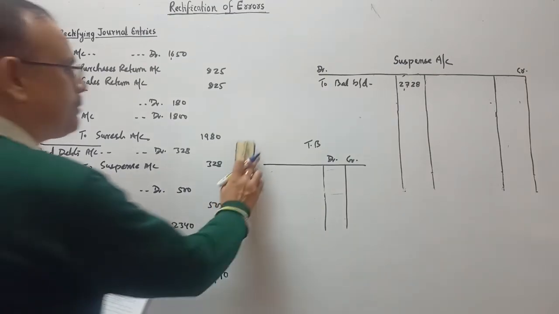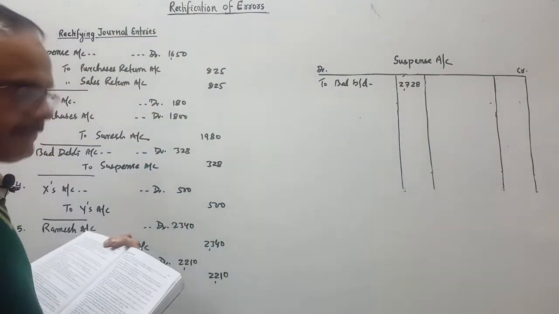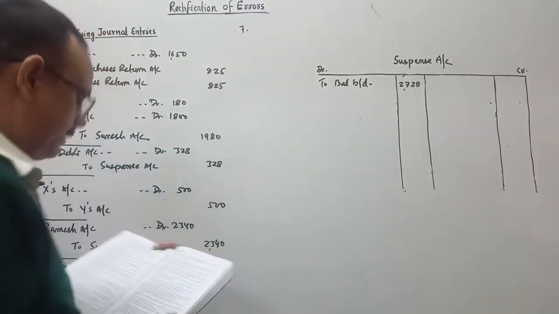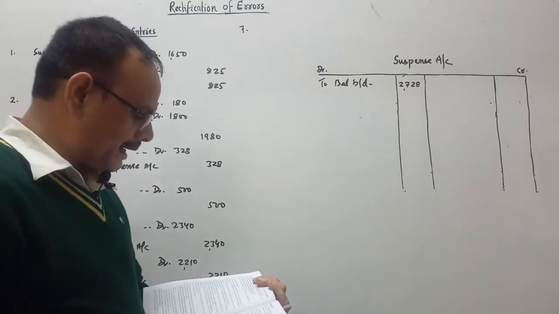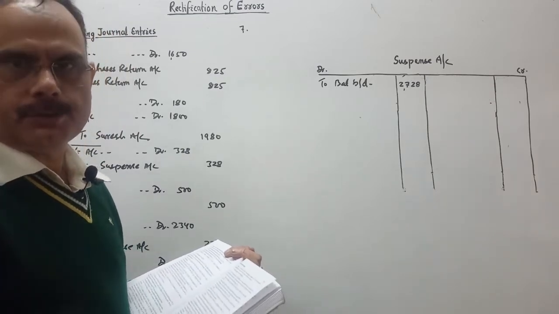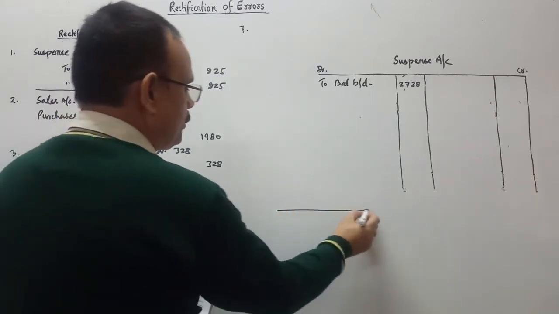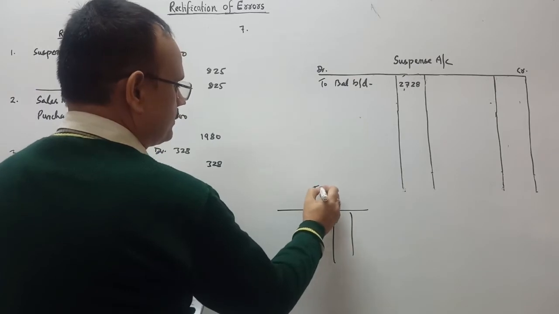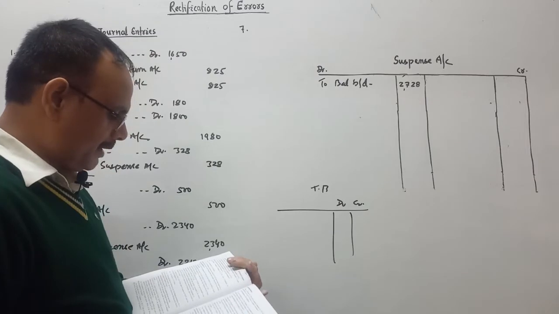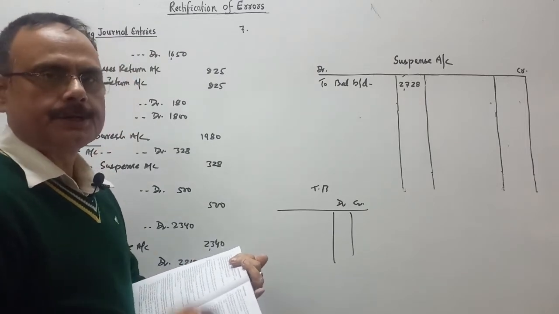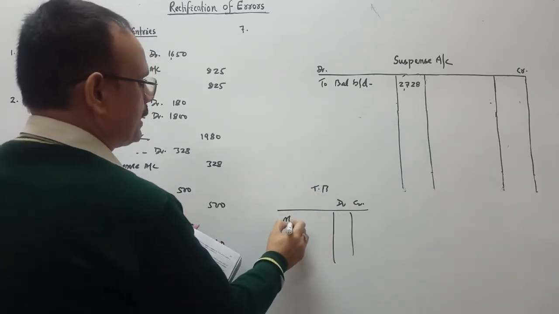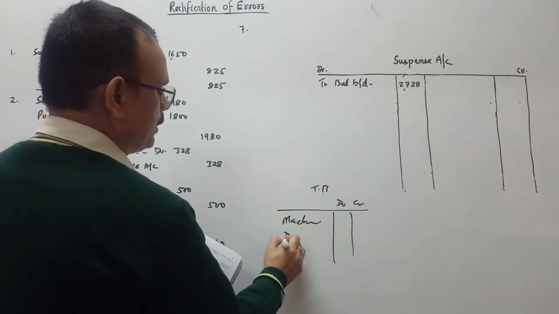Next is point number 7. Error number 7: a sum of rupees 500 written off as depreciation on machinery was not posted to the machinery account.